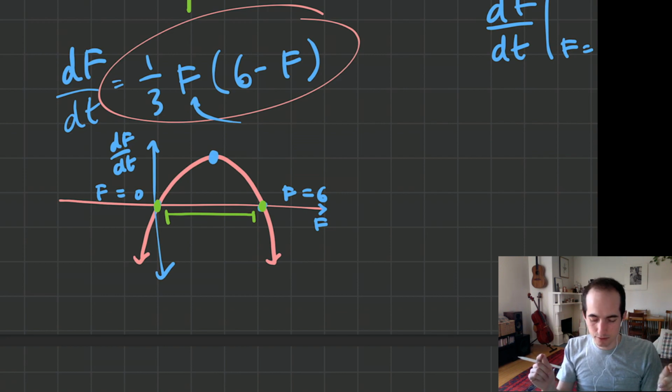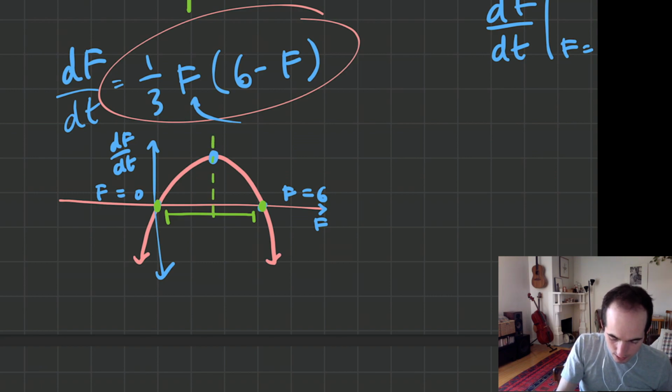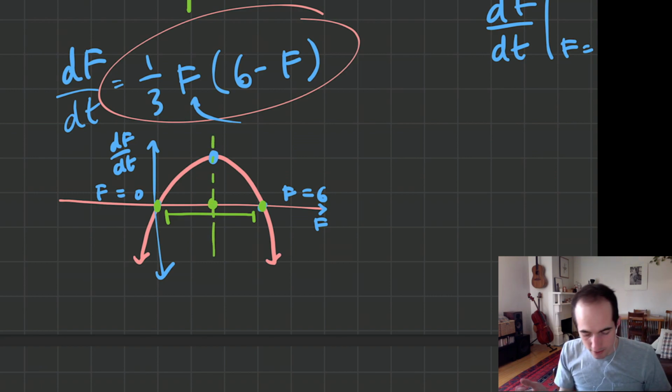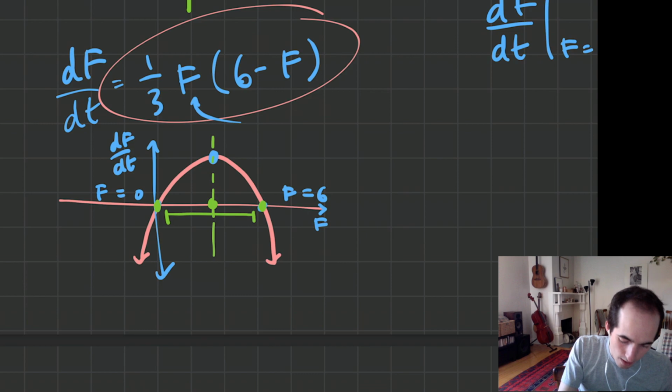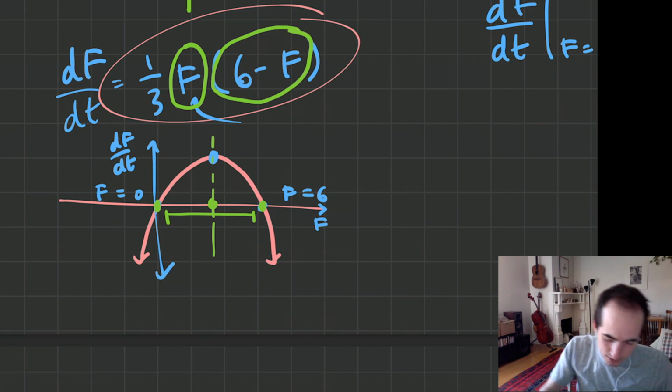So that's another way of thinking about it: one of the roots is when f is equal to 0, and the other root is when f is equal to 6.